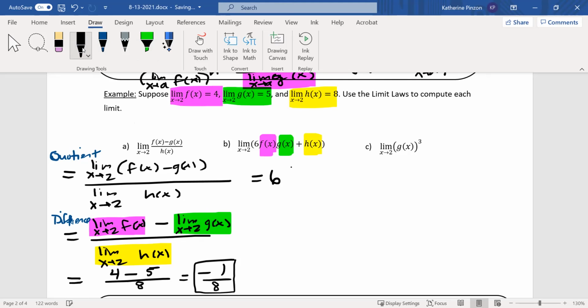So I'm going to say 6 times 4 times 5 plus 8. And then you do it in your head or in your calculator. 128. So this limit here would be 128.